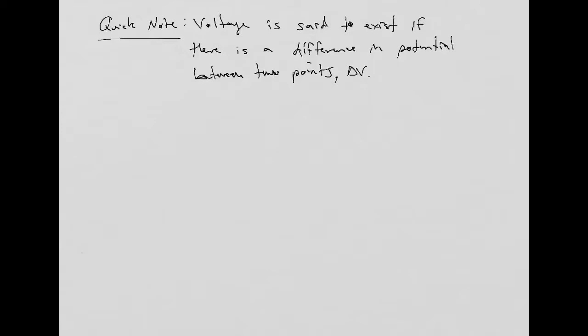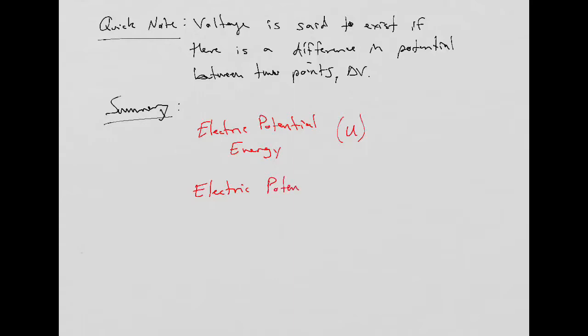So just to summarize, we have 3 new quantities that are all pretty intimately related. You have electric potential energy, which is U. You have electric potential, which is V. And we also have electric potential difference or voltage, and those are the same thing.